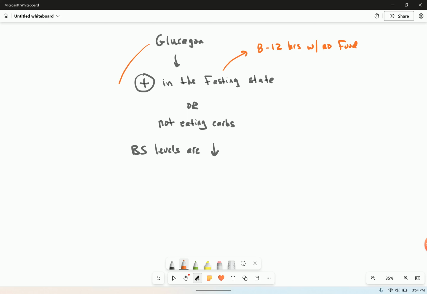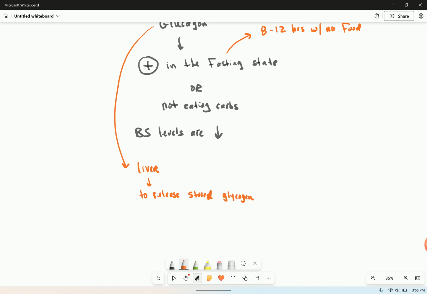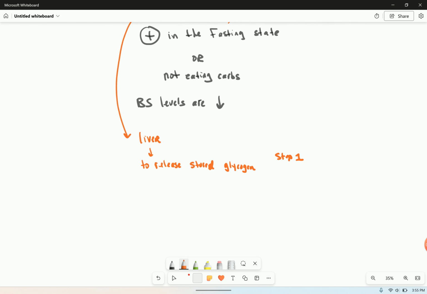Glucagon goes to the liver to release stored glycogen. This is step one. We're going to do this in a two-step process. This happens within several hours. This process is called glycogenolysis.